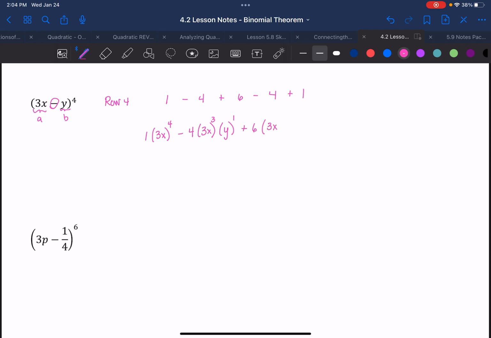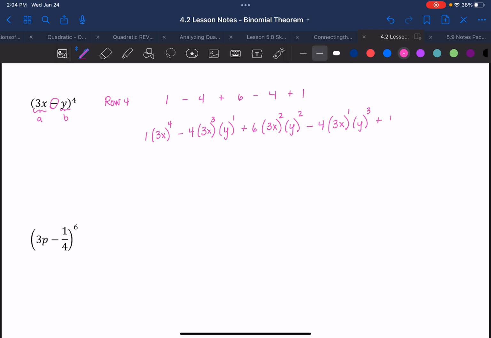I'll take my first term and lower its exponent, multiplied by the second term, and I'll raise its exponent, minus the coefficient of 4 times my first term, lowering the exponent, raising the second term's exponent to 3.